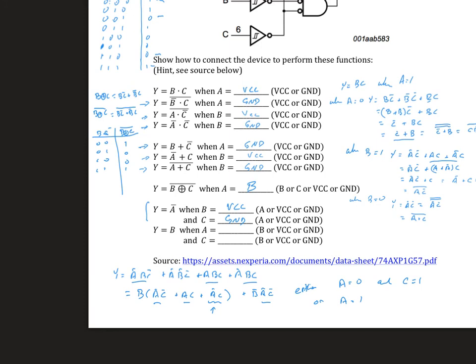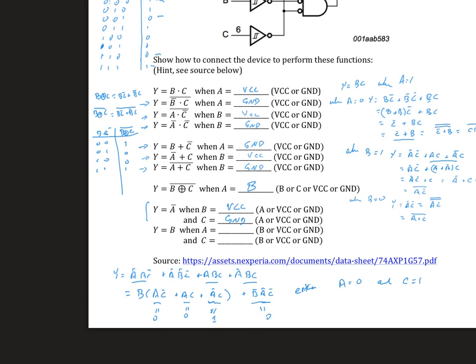No, it looks like that's the only thing we can do, because if we make A equal to 1, then this is 0. So if we make A 0 and C 1, then this expression here is always equal to 1, and this will be equal to 0, this will be equal to 0, and this whole term is equal to 0.